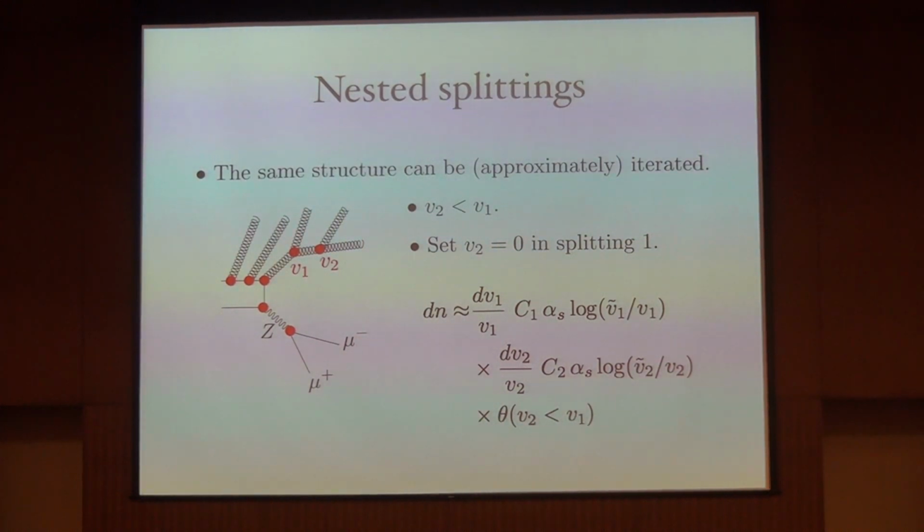Then what does the differential number of events look like? dN is dv1 over v1 times alpha strong in a log, and times dv2 over v2. It's just the product of two independent distributions. And put in there a theta function that says v2 is less than v1. So that's just generically characteristic of the QCD events, that not only are there dv over v distributions, but those distributions are nested.